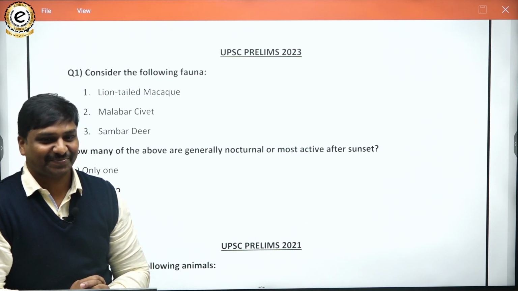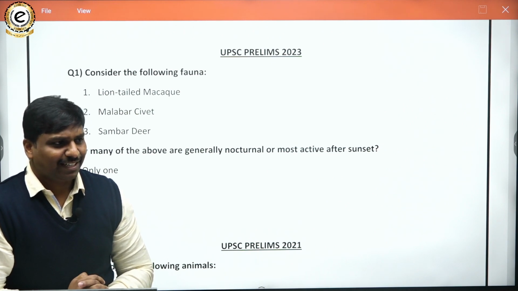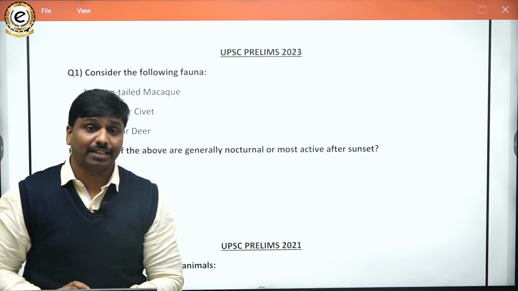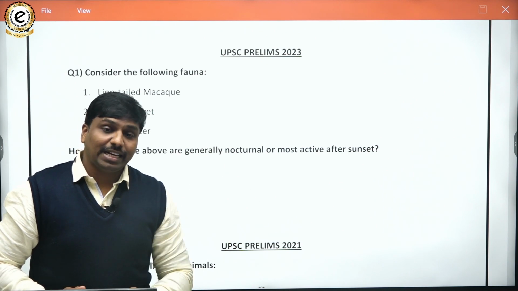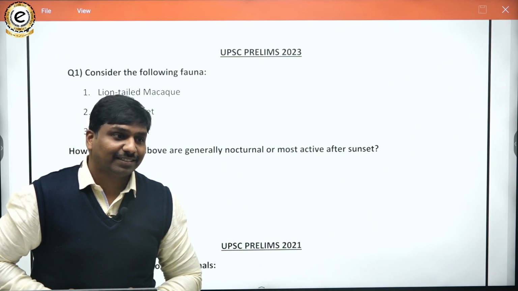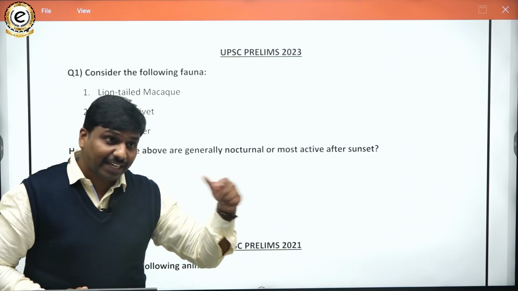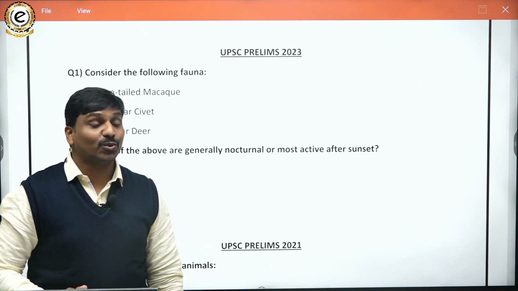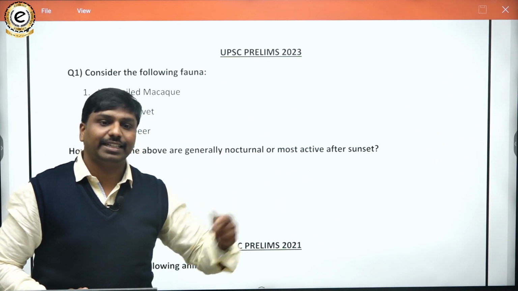For example, when they go for a tiger census, they collect the tiger pug marks. When do they collect them? In the daytime. So when should the tiger have roamed? In the night. So mostly tigers would be active in the night rather than the daytime.